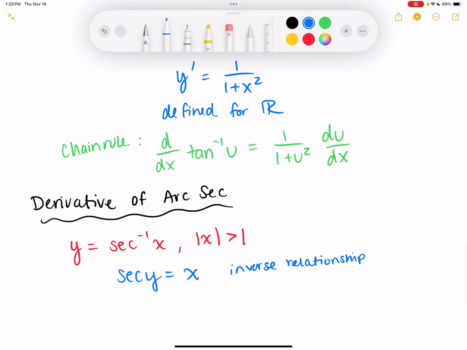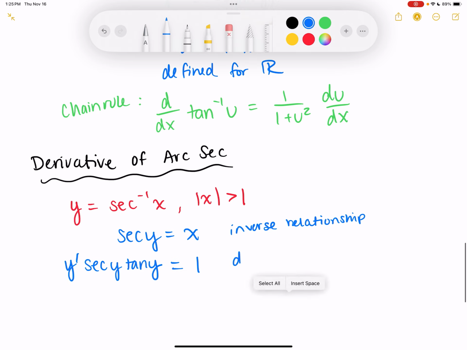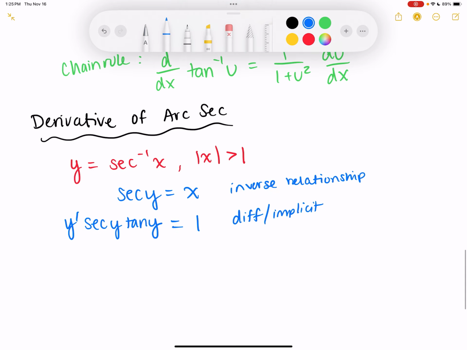Now I'm going to take the derivative implicitly: secant of y, tangent of y, y prime equals 1. So y prime is equal to 1 over secant of y, tangent of y.